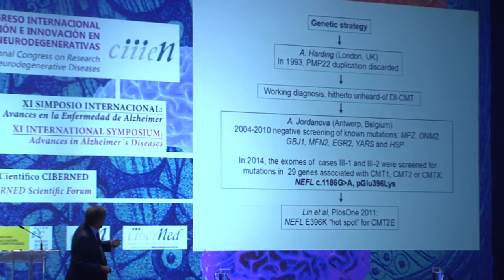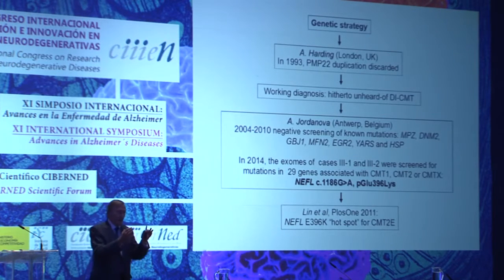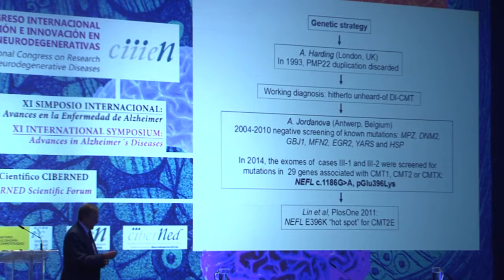Finally, in 2014, exons of 2 cases were screened for 29 mutations associated with CMT1, CMT2, and CMTX, and we found the current mutation, which we now know is a hotspot of the gene.